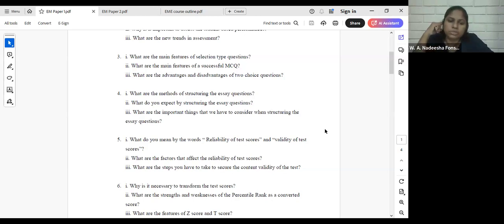What are the steps you have to take to secure the content validity of the test? What is the main step we have to take to secure the content validity? Before going to content validity, in validity there are three main types. What are the three types of validity?